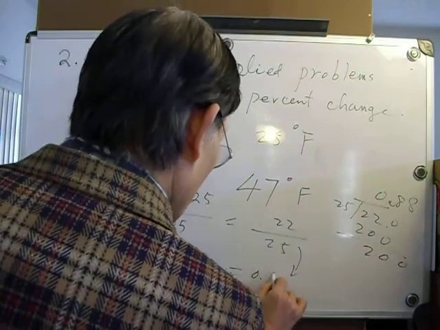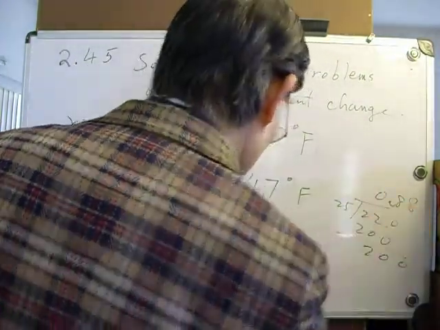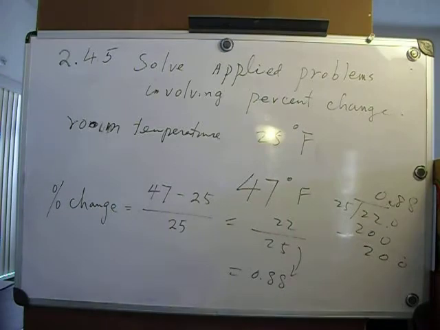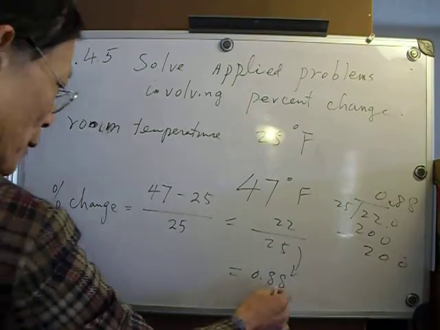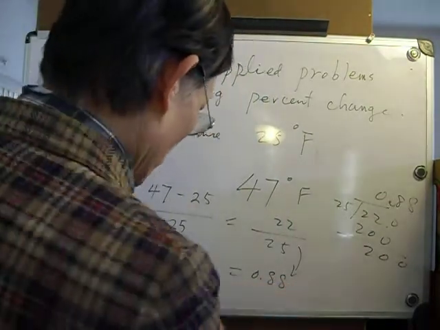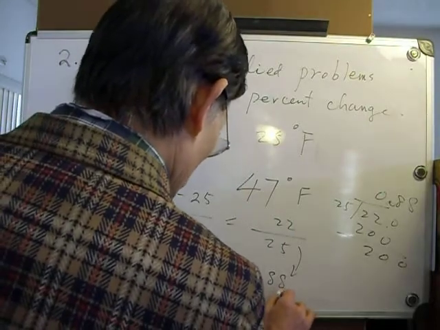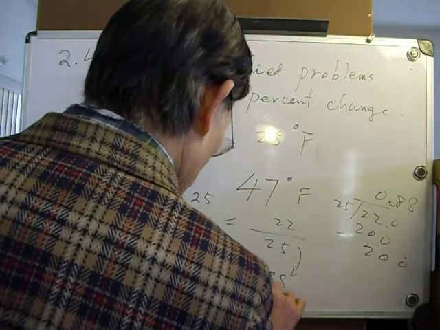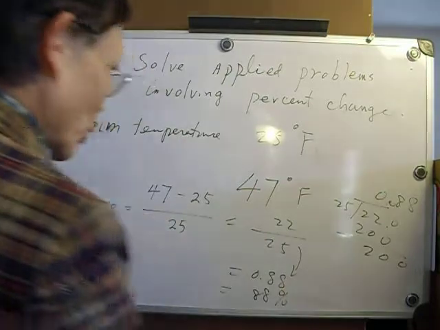Right away you get 0.88 without any further decimal digits, so this one is straightforward. Next step, this is the decimal; change it into percent. Move your decimal point to the right by 2 positions and put your percent symbol there.